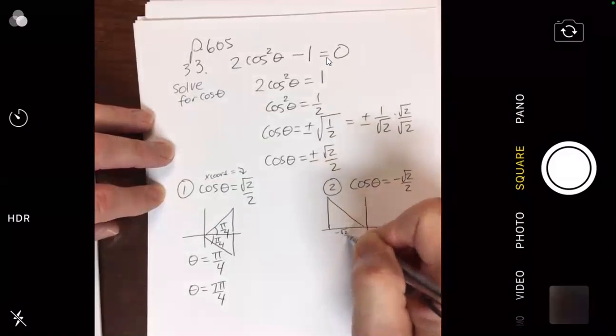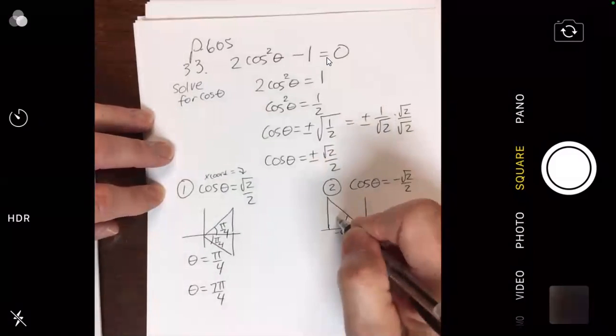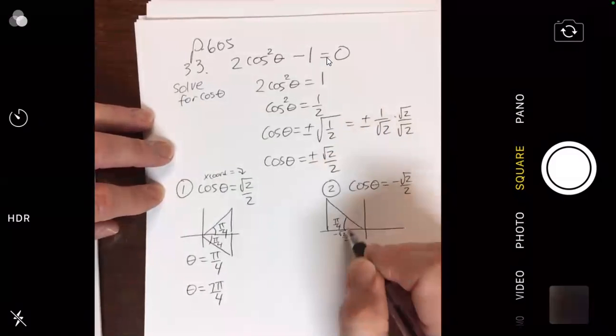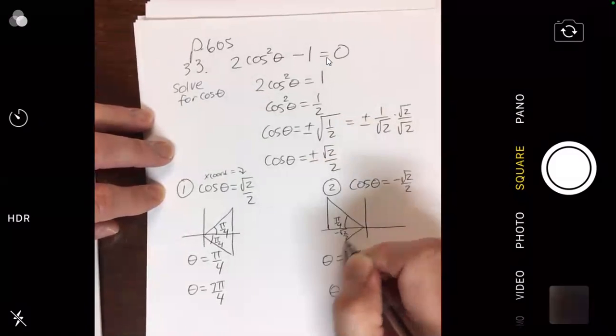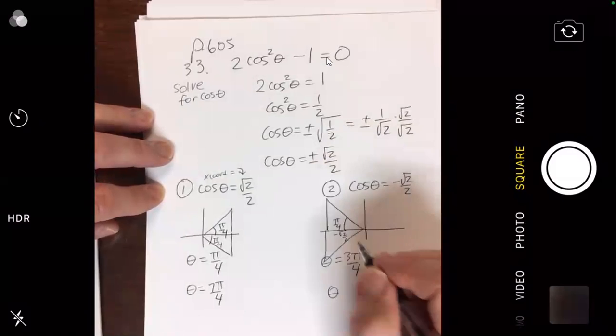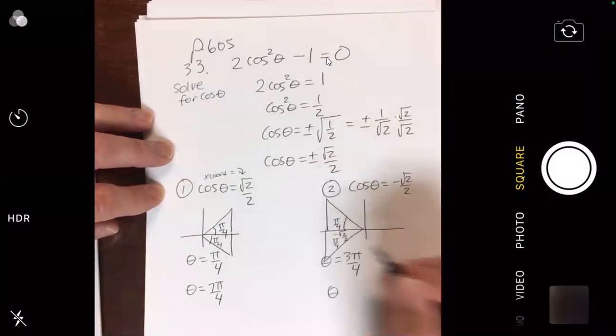Negative root 2 over 2. You're going to be at pi over 4 there. That's going to give you 3 pi over 4. And you'll have the other one down here. And again, that's pi over 4. So you'll be at 5 pi over 4.